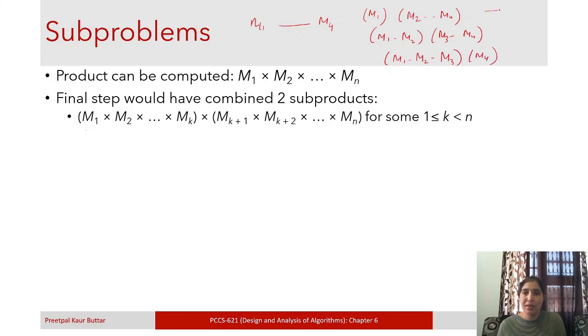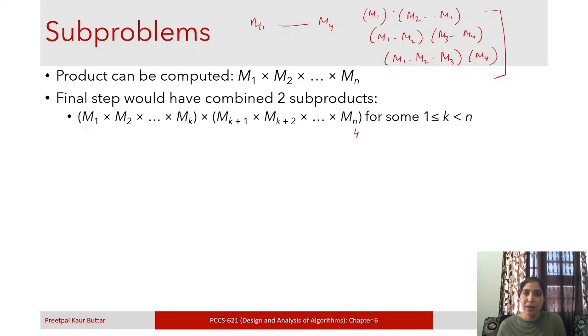Okay, so these are the possibilities. So this is what this statement is saying, that the final step consists of two subproducts, m1 to mk and then mk+1 to mn. Okay, so here in this particular example n is 4.